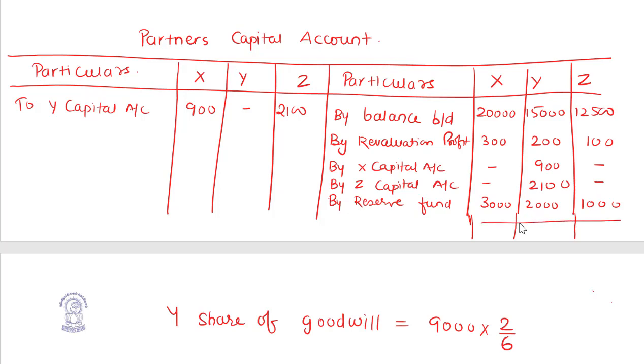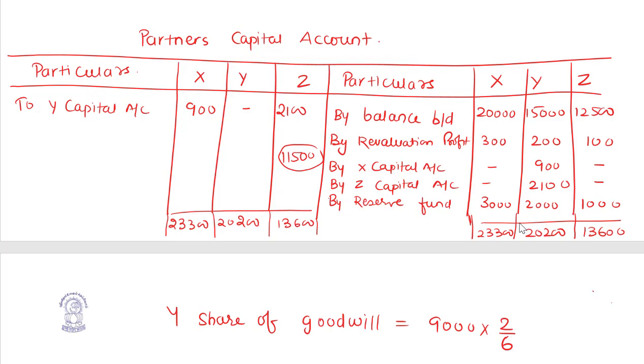Let us close it. The totals are 23,300, 20,200 and 13,600. For Z, 13,600 minus 2,100 is 11,500.